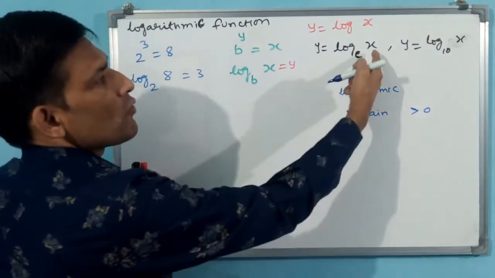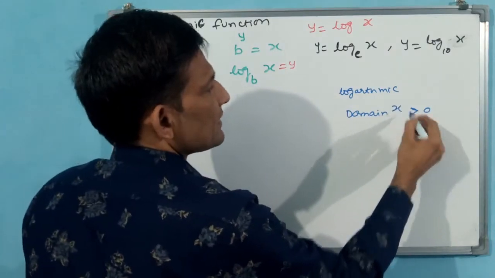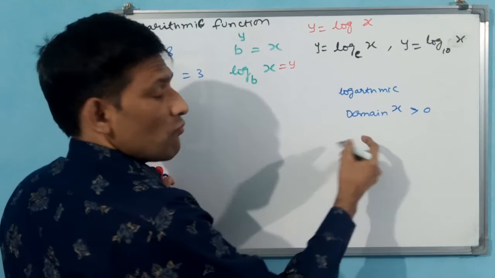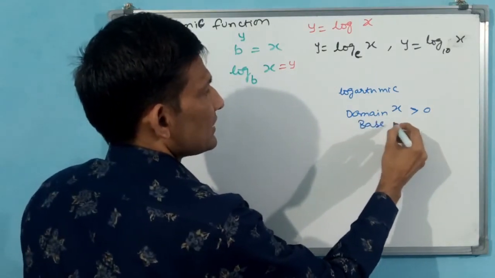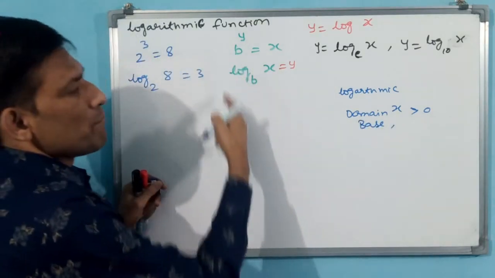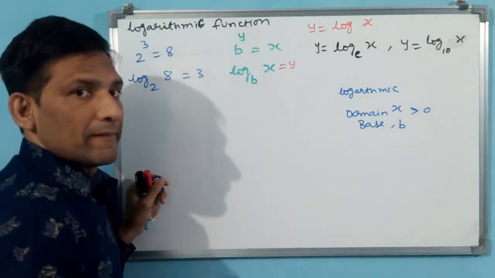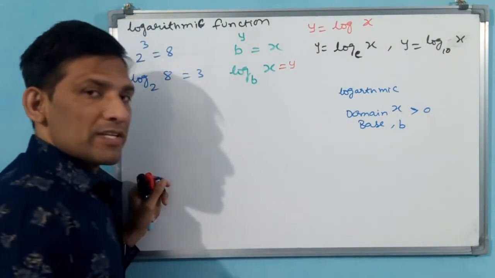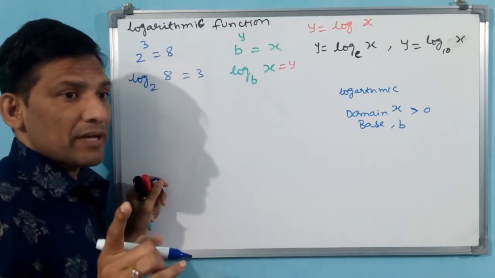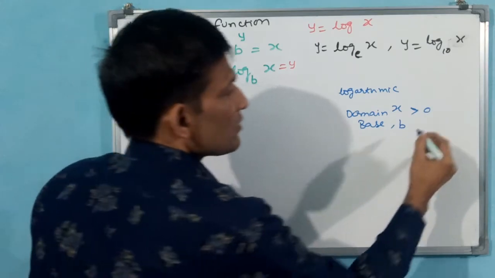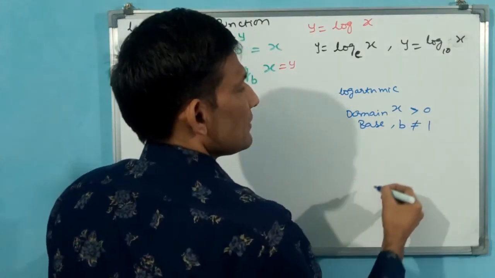That means what will be the domain here? x. Then we will talk about the base also, base b. For the logarithmic function, the base should not be equal to 1.